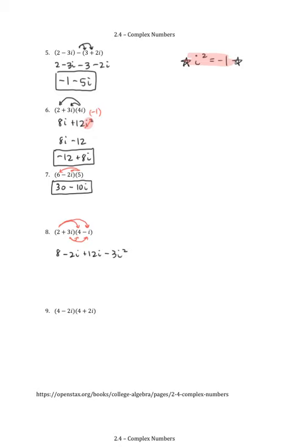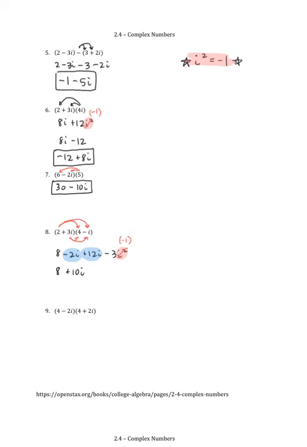All right, so let's look over what we have. First thing we notice is this i squared. We cannot have an exponent on an i, so I'm going to cancel that out and make it a -1 instead, because i squared equals -1. And then another thing I notice is that I have like terms. So I'm going to combine those. All right, so I have 8. The -2i plus 12i is going to be 10i.